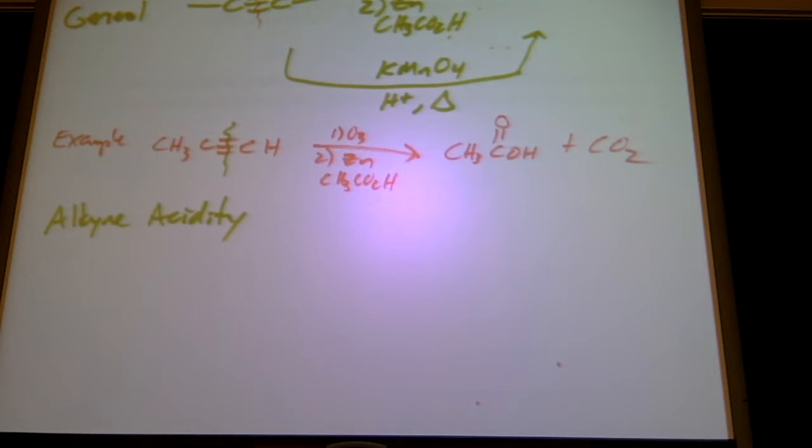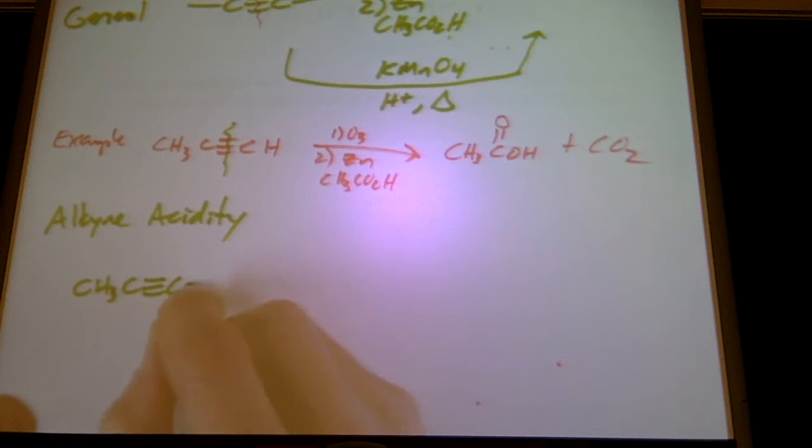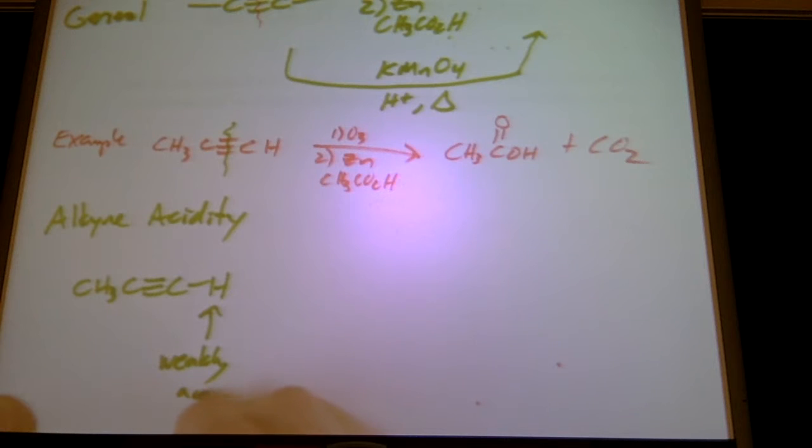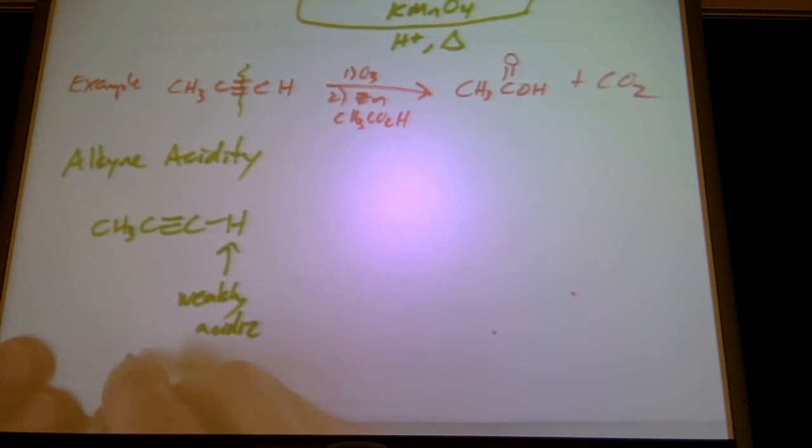This reaction will not work with a double bond. You cannot take the hydrogen off the end of a double bond. You can only do this with the triple bond. So hydrogen attached to a triple bond.